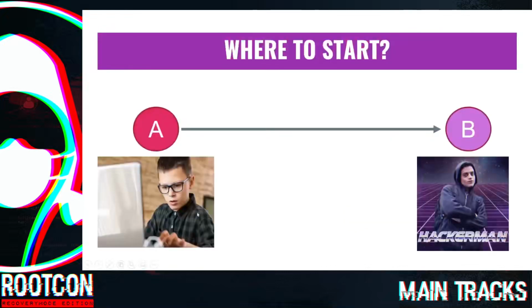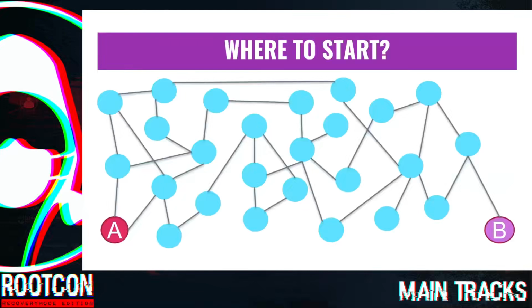But again, the simple question of where to start, from A to B, is actually more complex than you imagine. This is actually point A to point B, from being a non-hacker to a hacker. It's really complex.